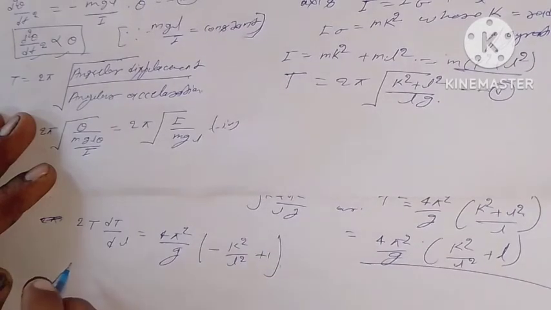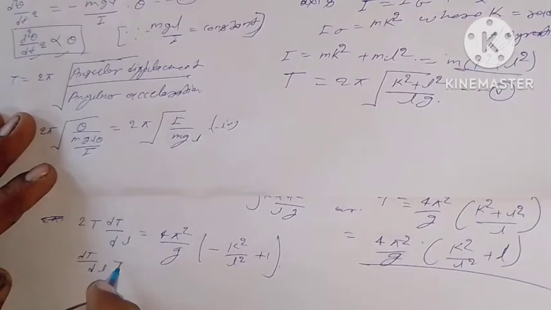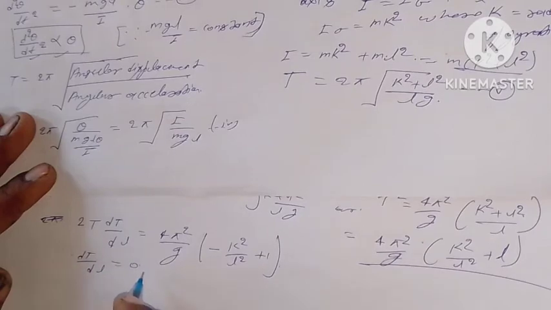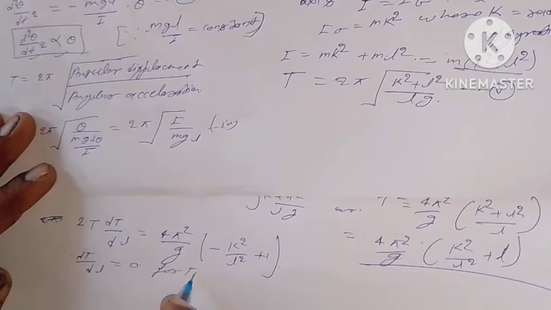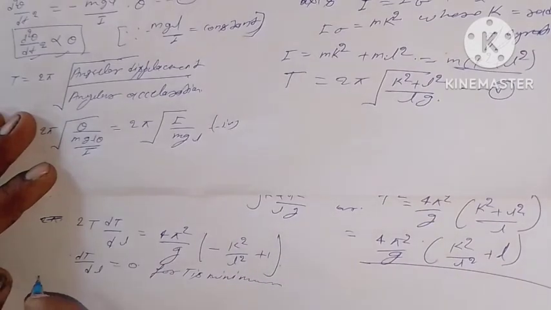For the value of time period T to be minimum, dT upon dl equals 0.